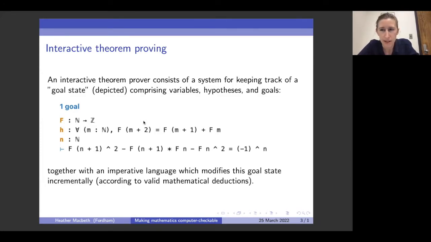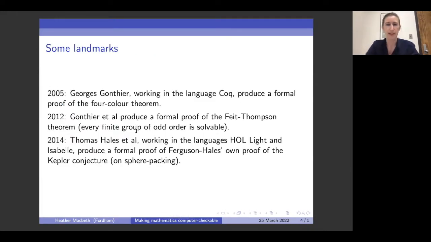This is a technology that has been around for a while, and I wanted to mention a couple of highlights of the field over the last 30 years. There are several programming languages, Coq, Isabelle, and HOL Light, and I should mention Mizar too, which have been around since the 80s or 90s.